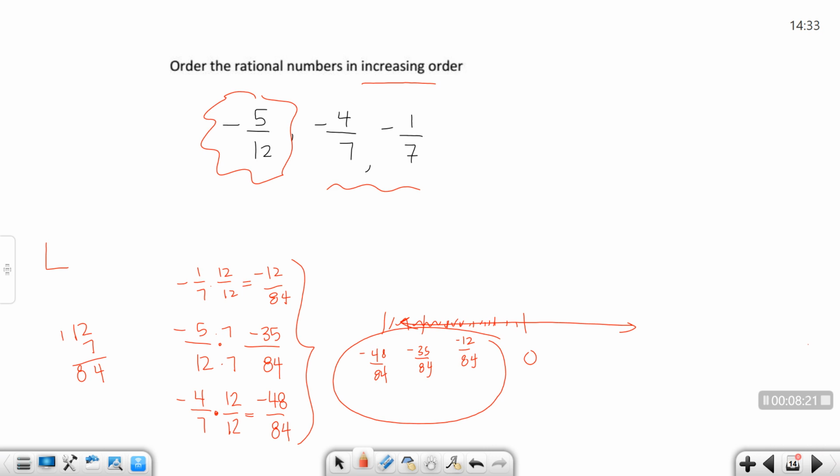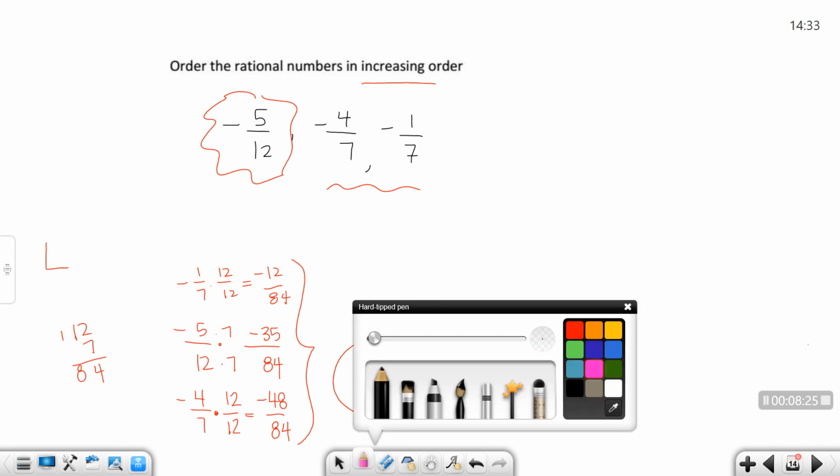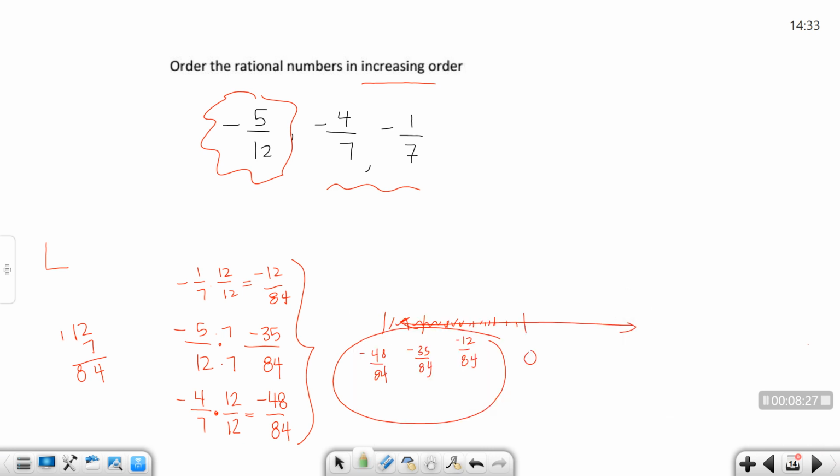But the way that these play out, this negative 48, that is negative 4/7. And this negative 35, that is negative 5/12. And this negative 12/84, that is negative 1/7.